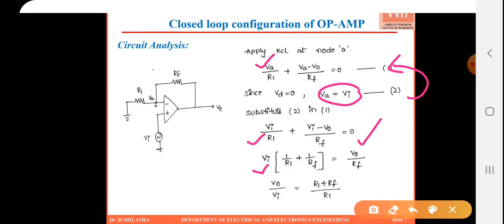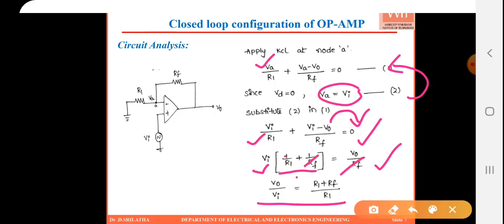Taking Vi as common, then we have 1 by R1 plus 1 by Rf, then V0 by Rf. Then bring this V0 by Rf to this side. Then on simplification, we have V0 by Vi is equal to R1 plus Rf by R1, on taking LCM.